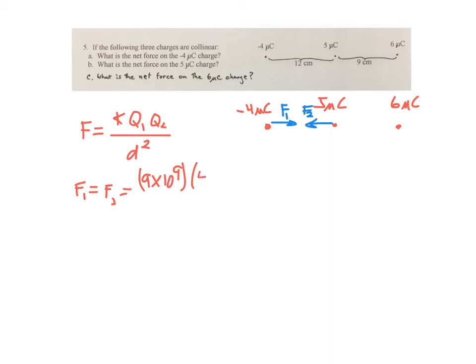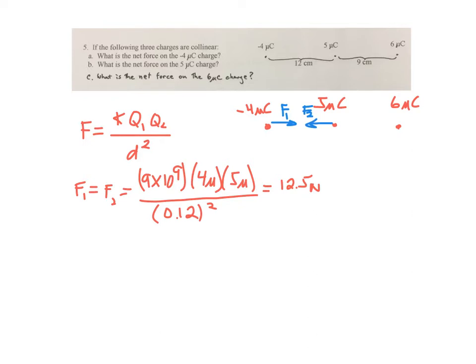So 4 micro, and remember micro is times 10 to the -6, times the 5 micro, remembering to put that in your calculator as times 10 to the -6, divided by how far apart they are, which is 0.12 meters, 12 centimeters, squared. If you do the math, that comes out to be 12.5 newtons, which I've done ahead of time. So they're attracting each other with that force. F1 and F2 are both that magnitude.